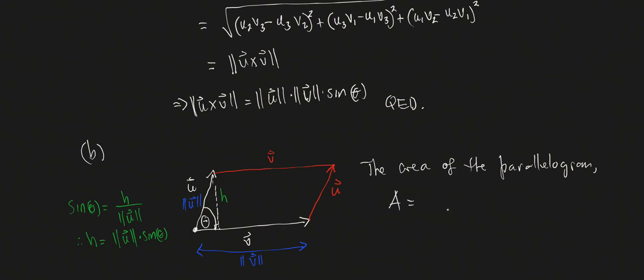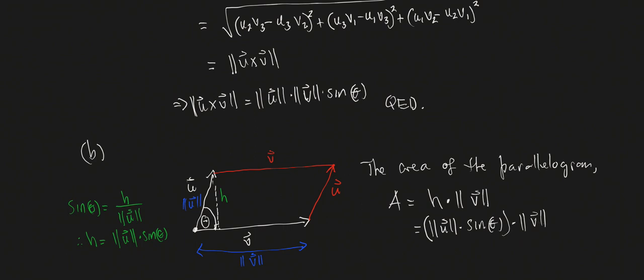So I'll write this: it's going to be H times the magnitude of V. But I know what H is. H is the magnitude of U, in parentheses, times the sine of the angle, and then that would have to be multiplied by the magnitude of V.